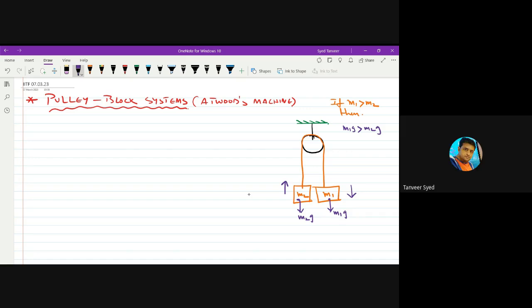See, before that, how can we describe a pulley? What is it? What does it do actually?